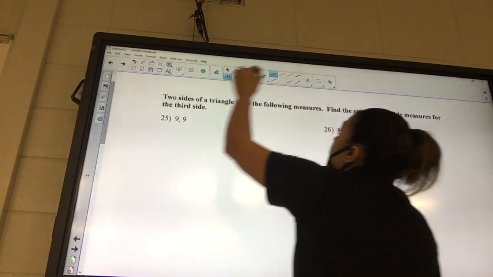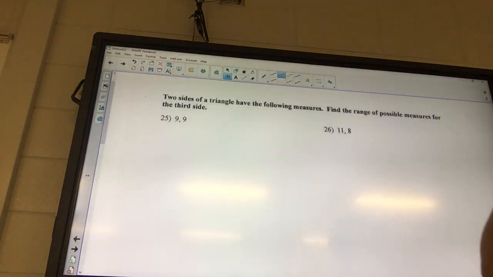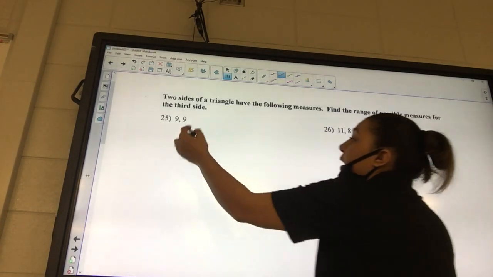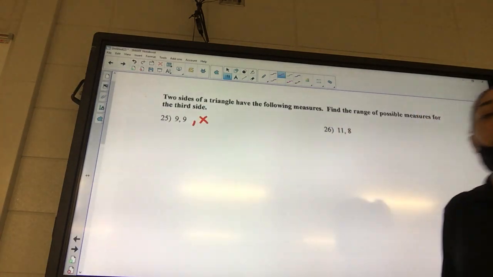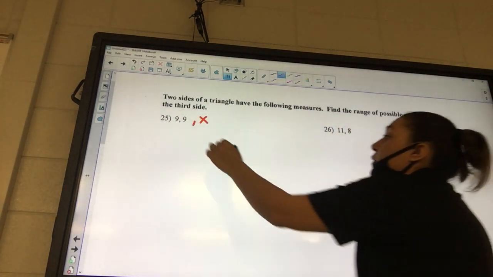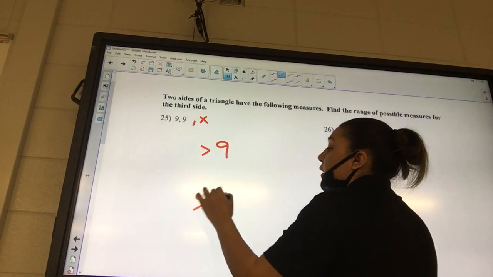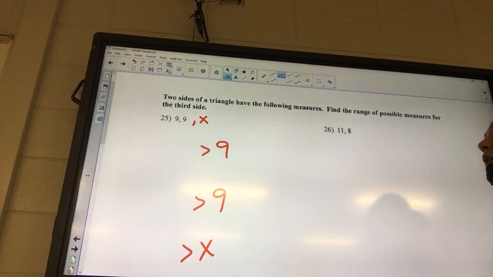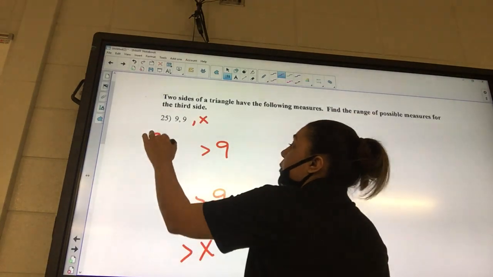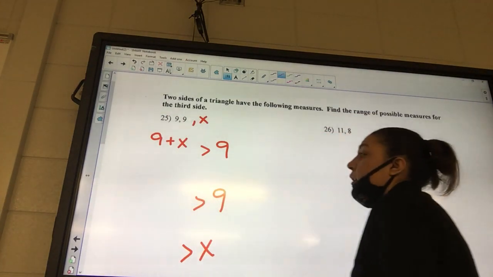Okay, the last page is the same essentially, except we're only given 2 sides, and they want you to find the possible ranges for the third side. Okay, so I got 9, 9, x. Put the x there. So you could say greater than 9, greater than 9, greater than x. For this one I'm going to have 9 plus x is greater than 9.